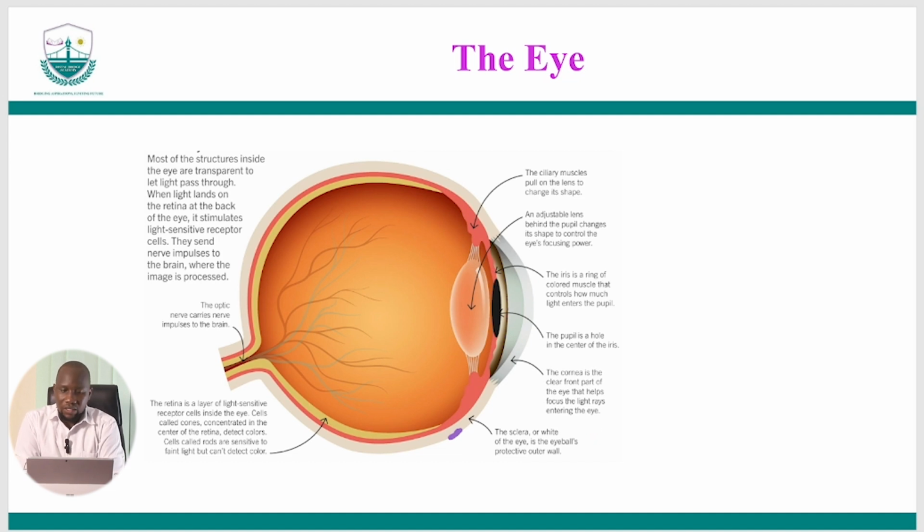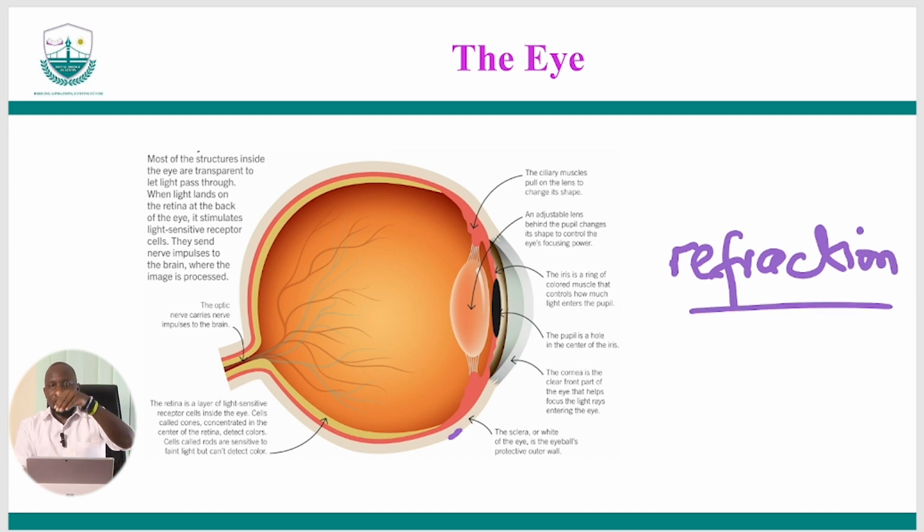When we talk about focusing, we are basically referring to refraction, which is bending the light rays such that they land on the right place on the retina. The retina, this yellow part here, is the part that has what we call the photoreceptors.